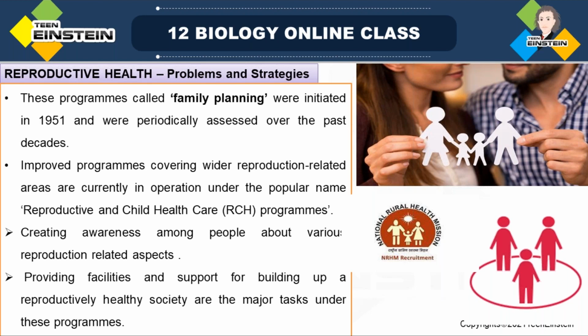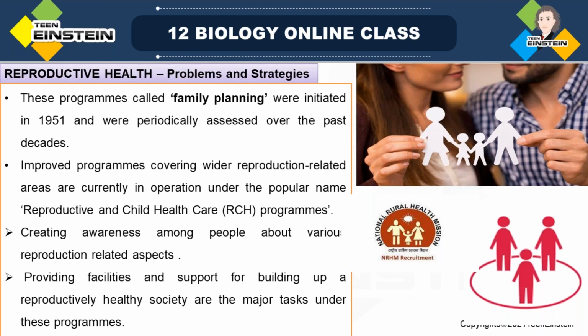We made a lot of improvements in these programs and made them elaborate, and these are together called reproductive and child health care programs, RCH.